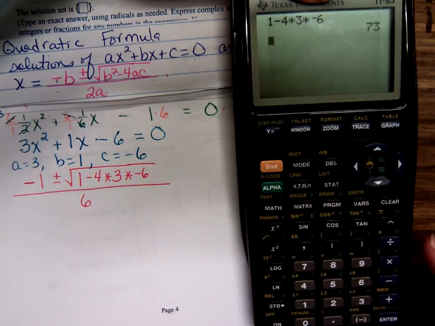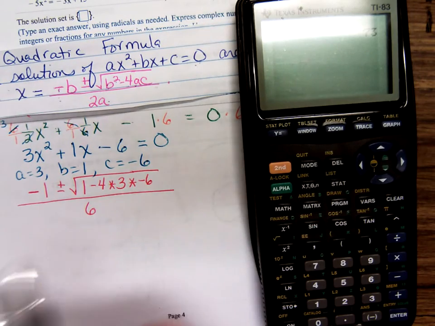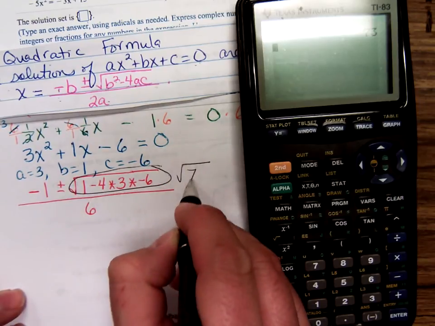So underneath the square root symbol here we have a 73.